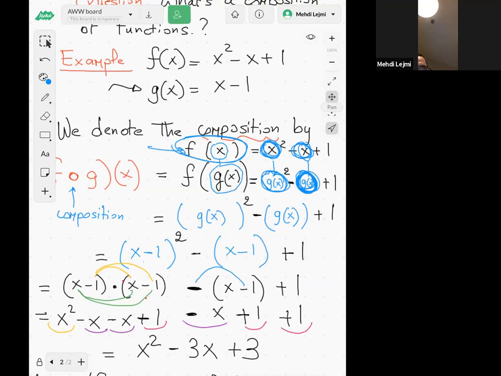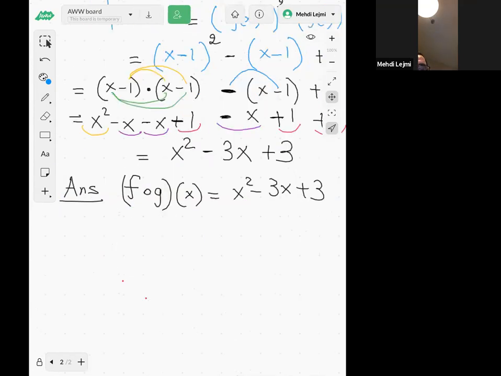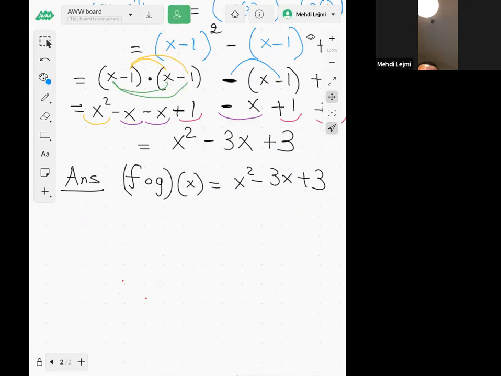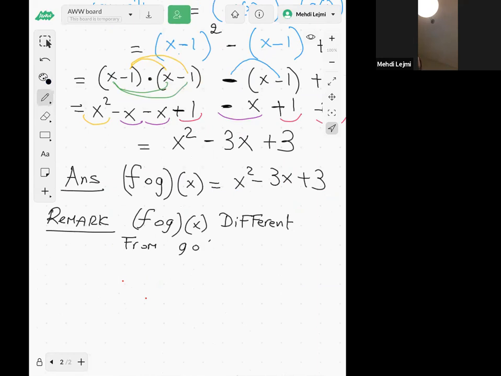Let me just say one more thing here. There is a difference between f composed with g and g composed with f. Just a remark here: f composed with g, in general, is different from g composed with f. They are two different things.